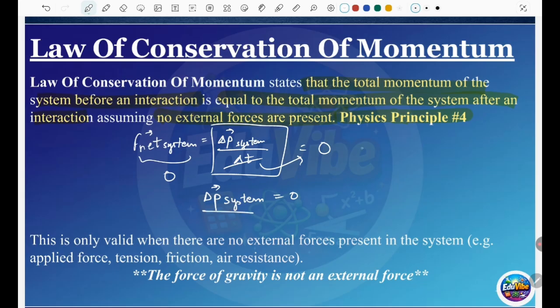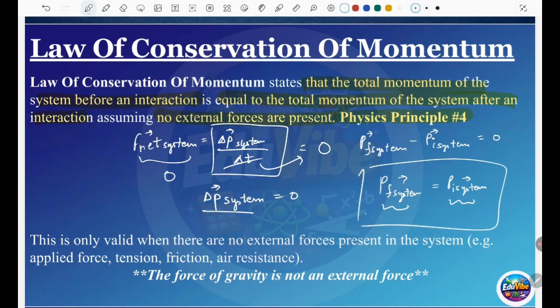From here, delta P is also defined as the final momentum of the system minus the initial momentum of the system, which goes to 0. So the final momentum of the system is equal to the initial momentum of the system.